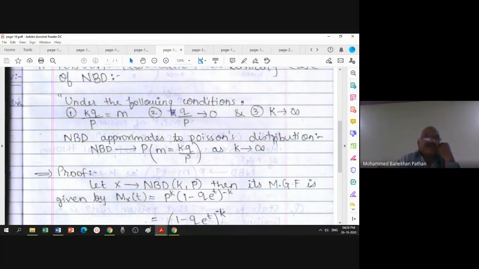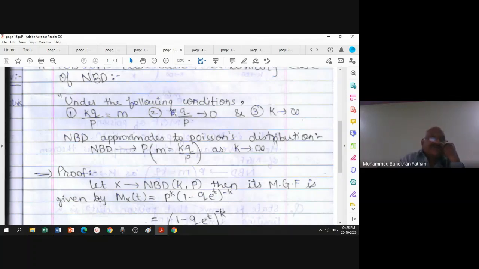Let us speak of condition number 2. q divided by p goes to 0. When will it be true? It will be true if the denominator becomes large as compared to the numerator, then the ratio goes to 0.